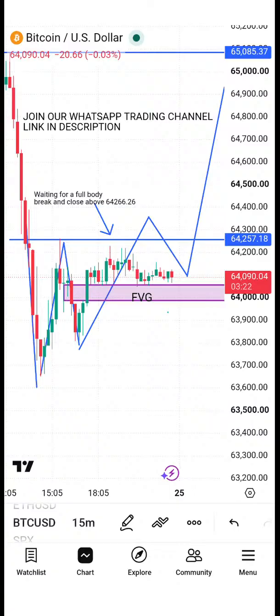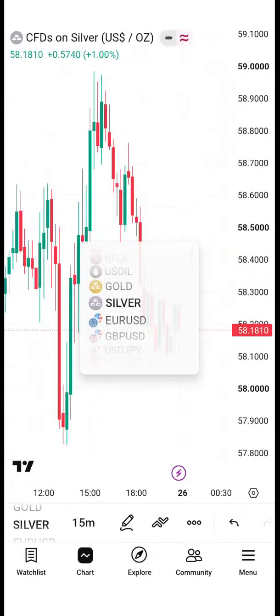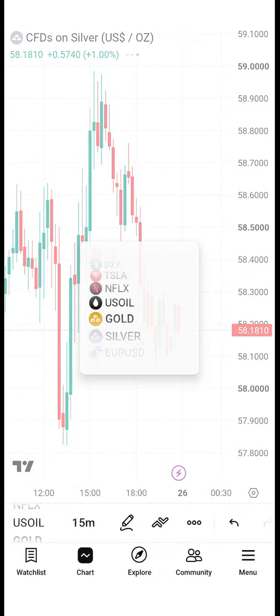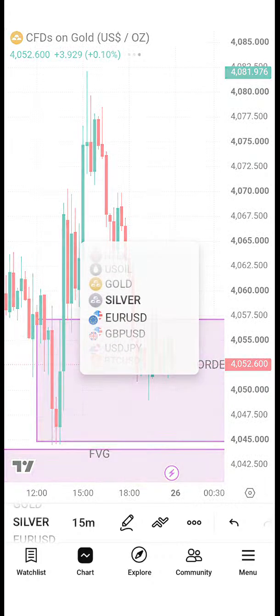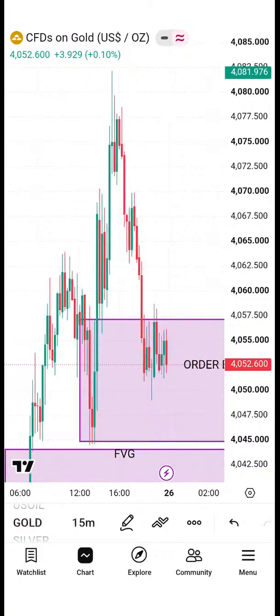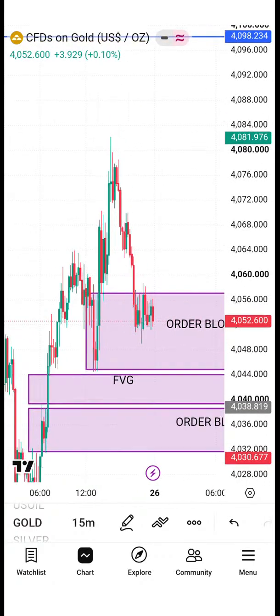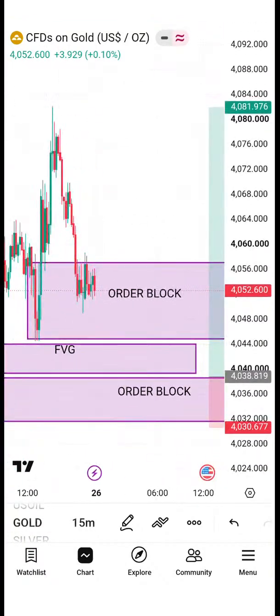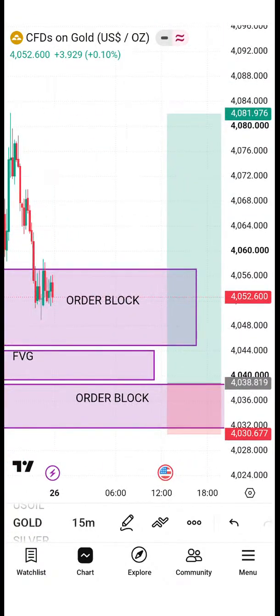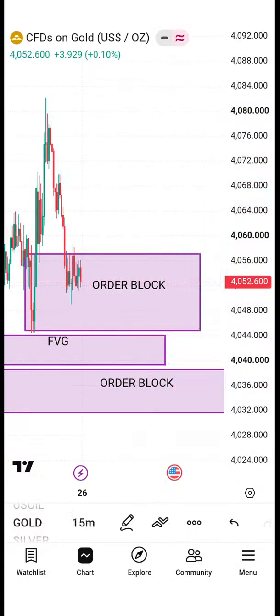Then for gold, guys, I've managed to make money on gold yesterday, but I have some key levels for next week. I've already marked these key levels. This is what I'm expecting for next week.